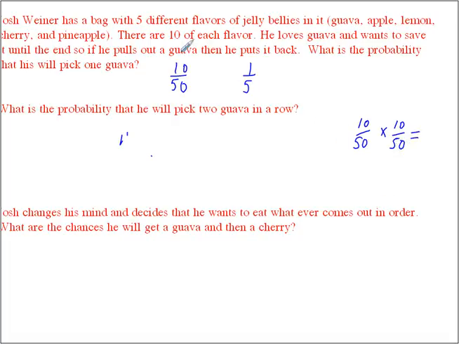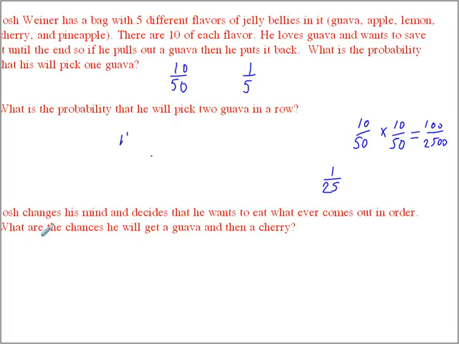If he picks something else out, then it would affect it. So this would be 100 over 2,500, and we simplify it. It would be a 1 out of 25 chance that he would get 2 guava in a row.